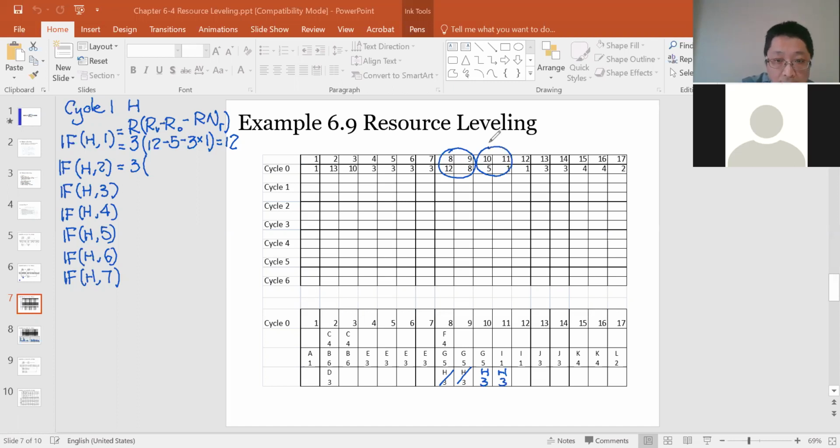So RV and RO are going to be the totals on these 2 days. For RV, vacated 2 days, I sum all the resources together. So that's 20. Minus, over here, occupied 10 and 11, I sum these 2 together, it's 6. Minus 3 times NR. This time, NR should be equal to what?